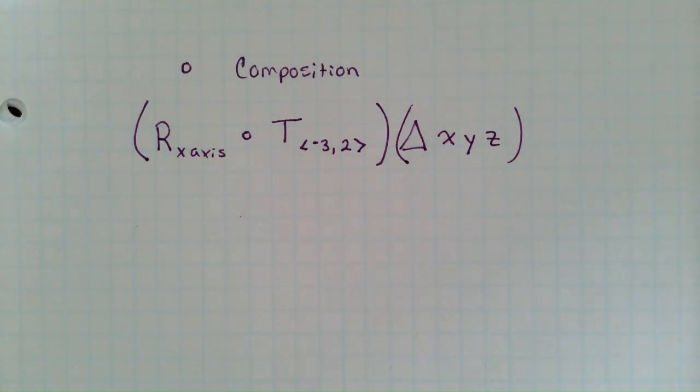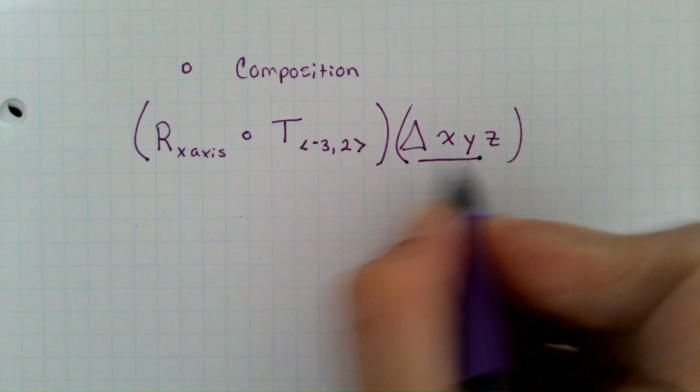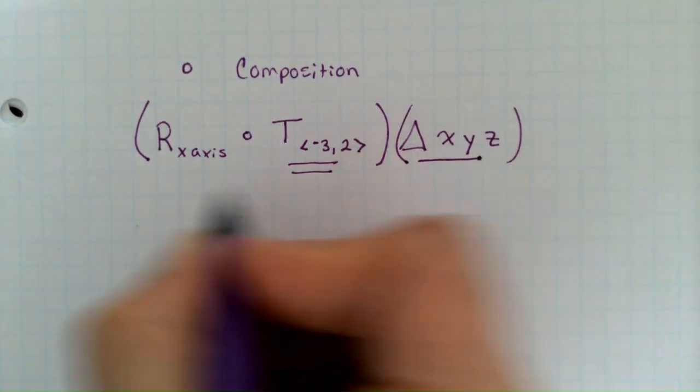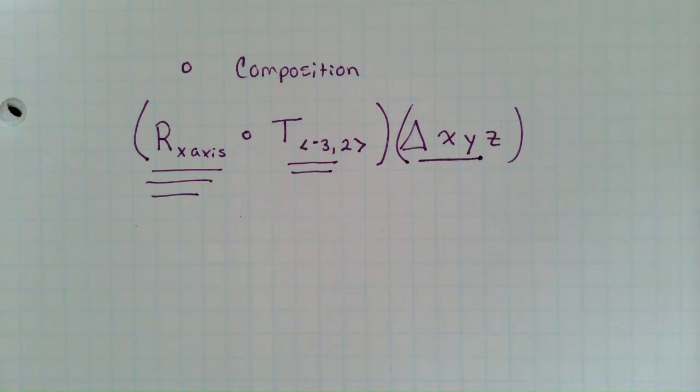Okay, so let's say we saw this, okay? It means that we're going to be doing a chain reaction of something. You're going to start with your triangle, then you're going to translate it, then you're going to reflect it. So it's a chain reaction. So let's go ahead and do that for the following triangle.